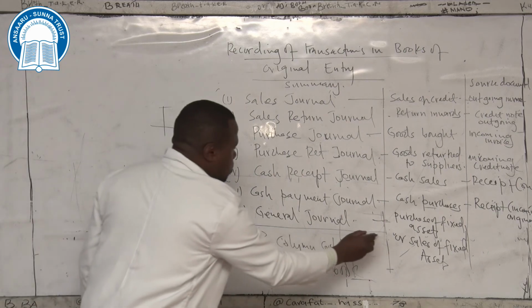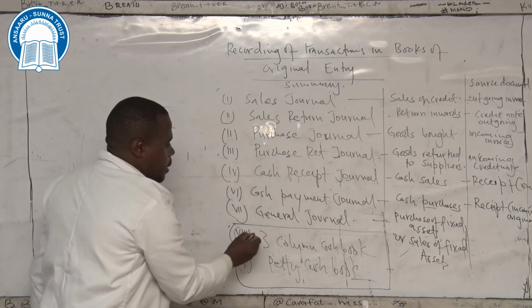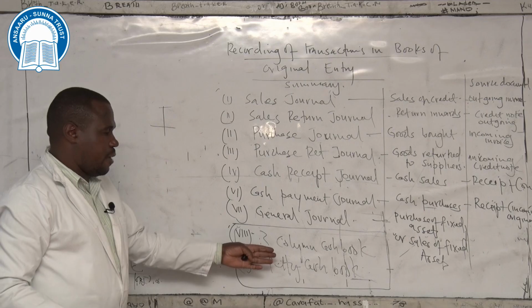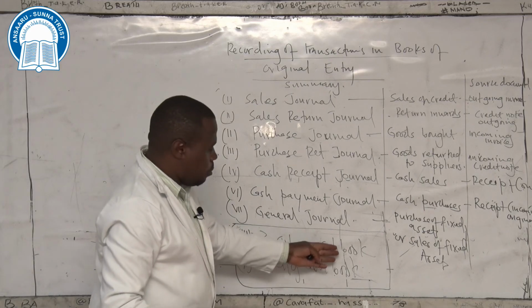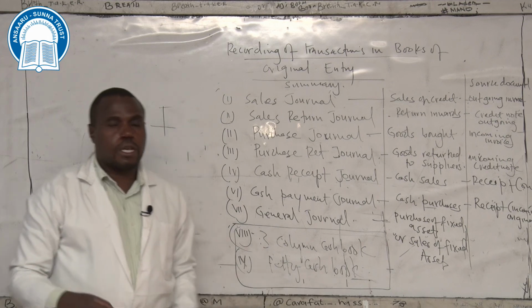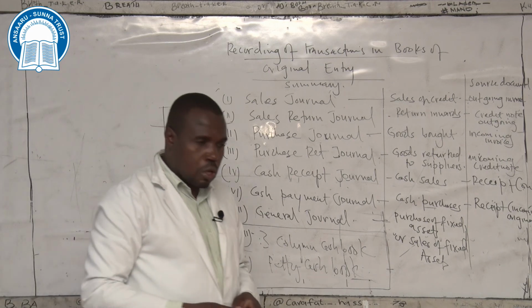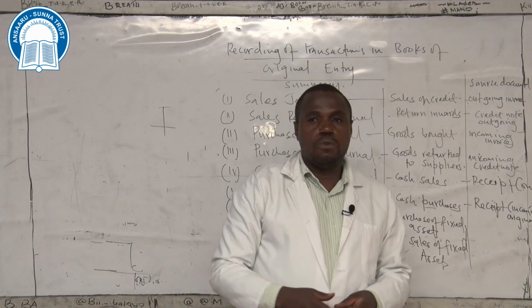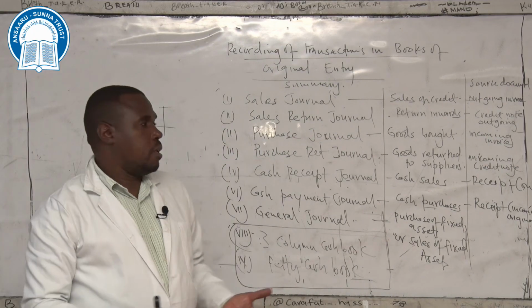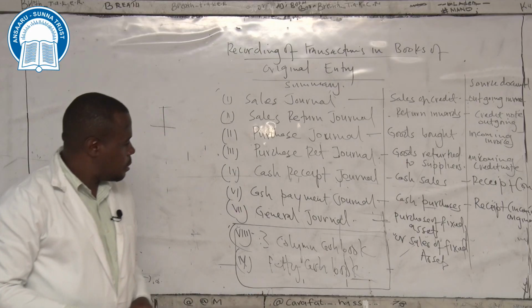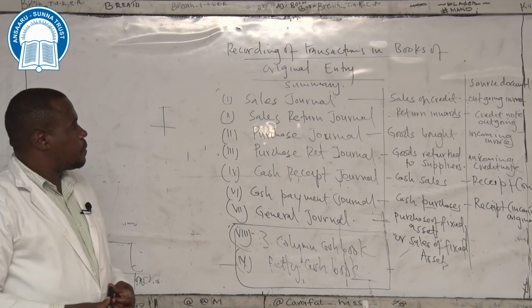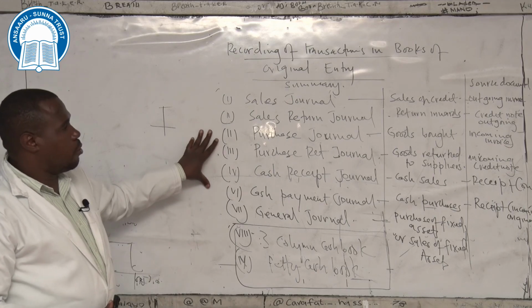This will require some time to explain these two. So we are going to look at all the cash books as we deal with the 3-column cash book. We are going to start with 2-column cash book. We are going to move to the 3-column cash book, and even the single. If you want, we can do that again. But these are the major books of original entry.